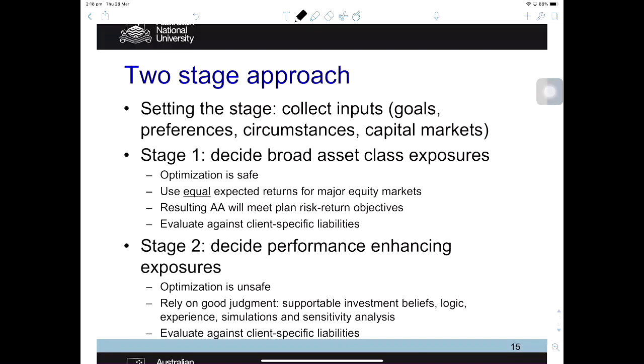For instance, in the first stage, we're going to assume Australian equity and international equity are going to be at the same level of expected return of 8% and the same level of standard deviation. That's the long-term expectation and conditional modeling technique, long-term expectation at equilibrium level.